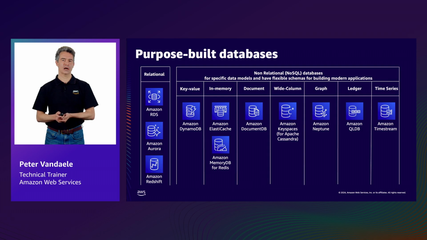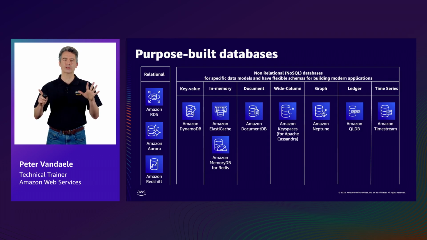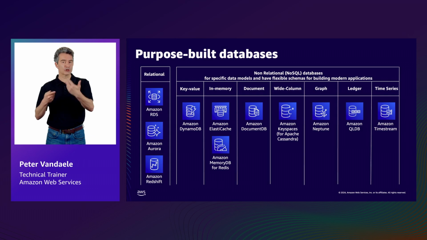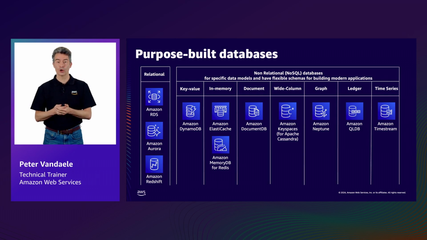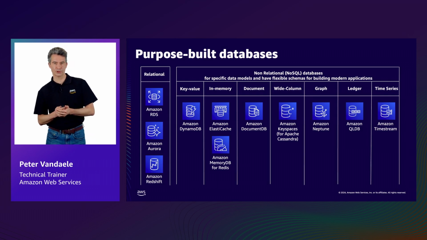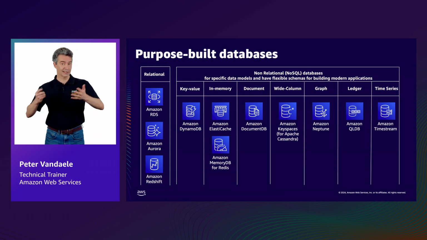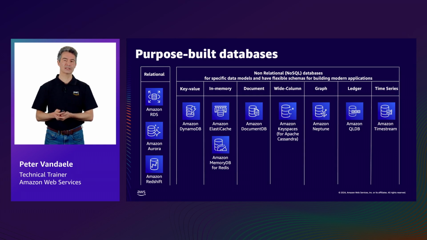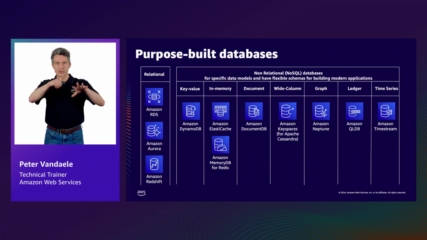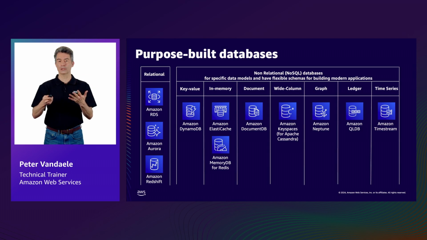Ledger databases are used to track and maintain the history of every application data change. Many customers use QLDB, or the Quantum Ledger Database Service, for these kinds of workloads. And finally, time series databases are used to get insights from data that changes over time, which we can do with the Timestream purpose-built database service.